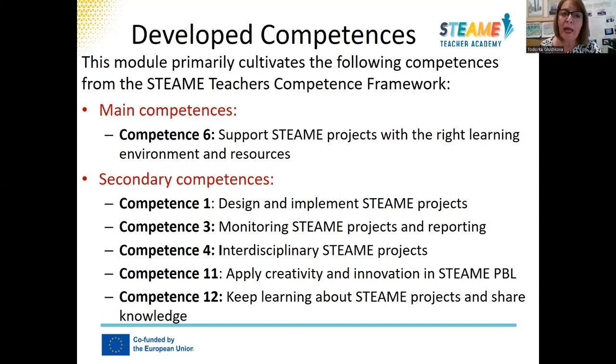Competence 3, monitoring STEAME projects and reporting. Competence 4, interdisciplinary STEAME projects. Competence 11, apply creativity and innovation in STEAME project-based learning activities. And competence 12, keep learning about STEAME projects and sharing of knowledge.